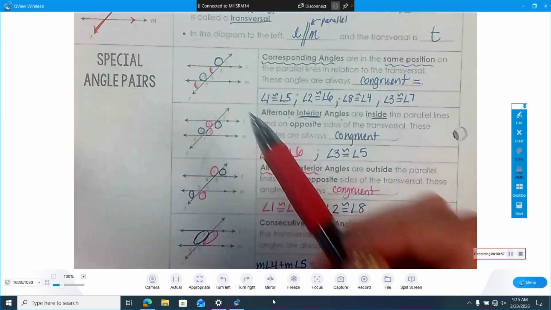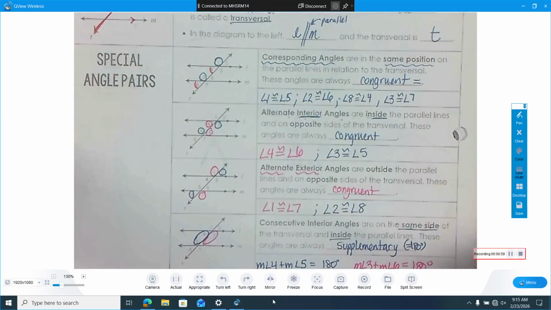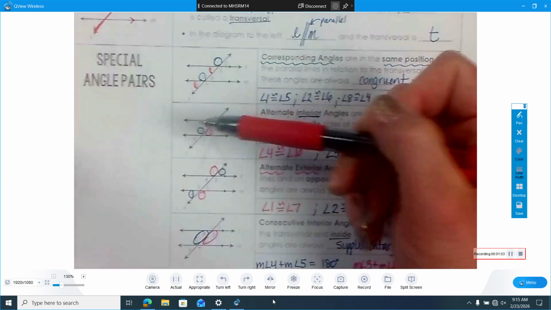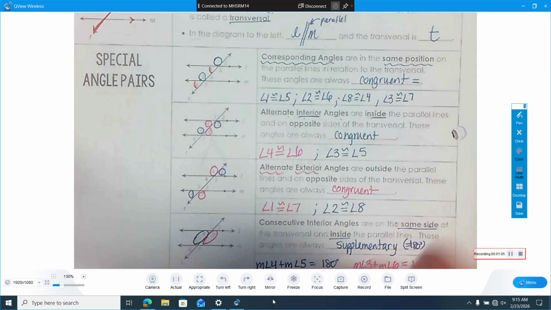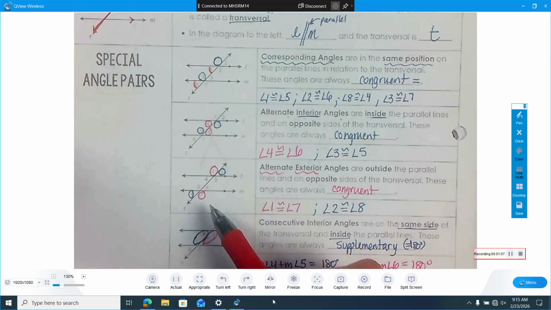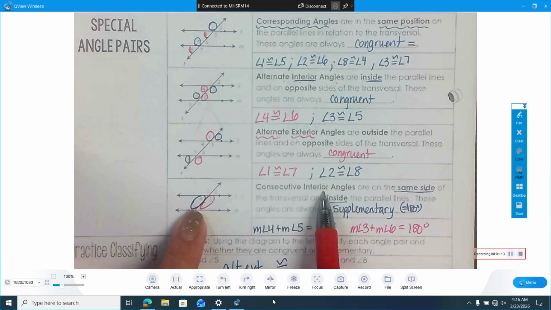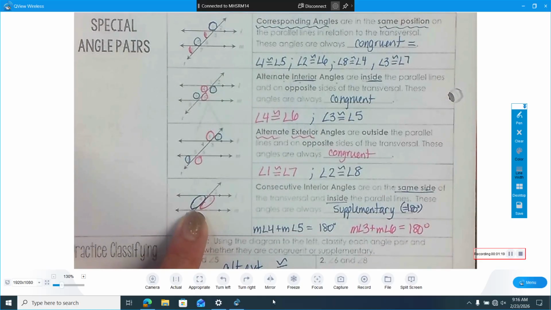That's the one thing you need to know, and everything else will be super easy. We had alternate interior angles, in between the parallel lines on opposite sides of the transversal. We had alternate exterior angles, which were congruent. And then we had consecutive interior angles that were supplementary. Those are the only ones that were supplementary.